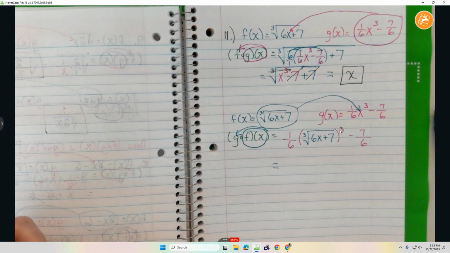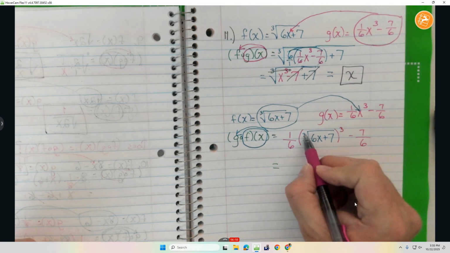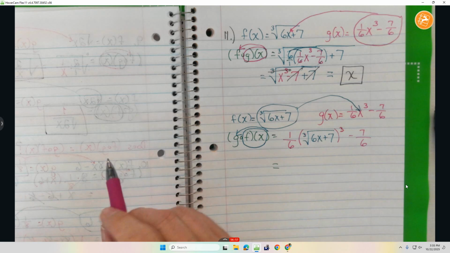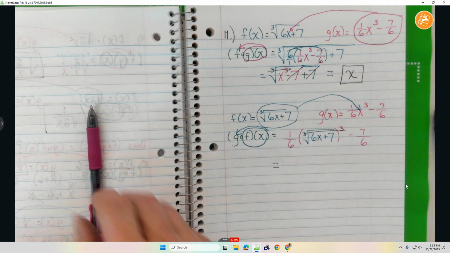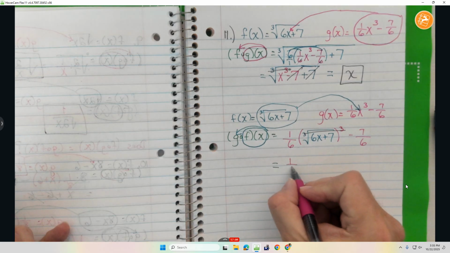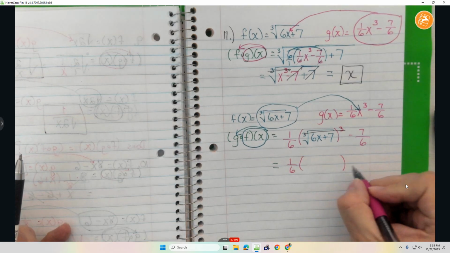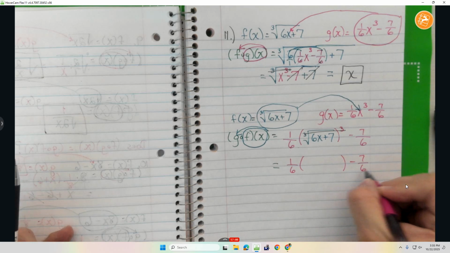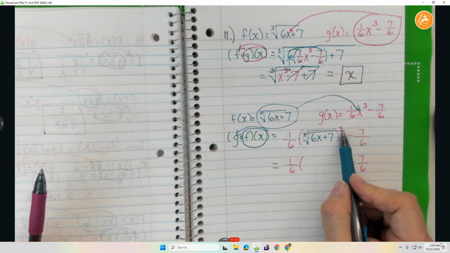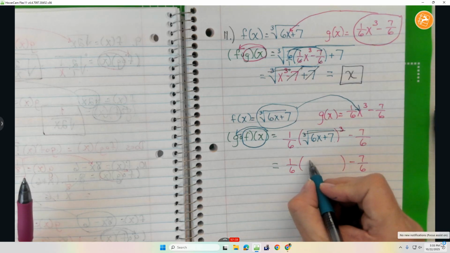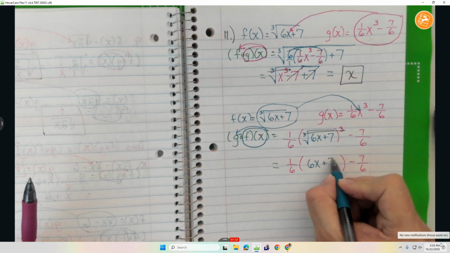Okay, now, how is all of this stuff going to simplify? What cancels first? The cube and the cube root. Those cancel, so they're gone. And I think I'll rewrite it. If the cube and the cube root cancel, then we're just left with 6x plus 7 in the parentheses here.